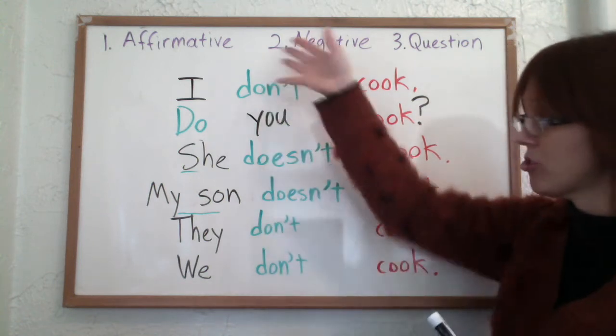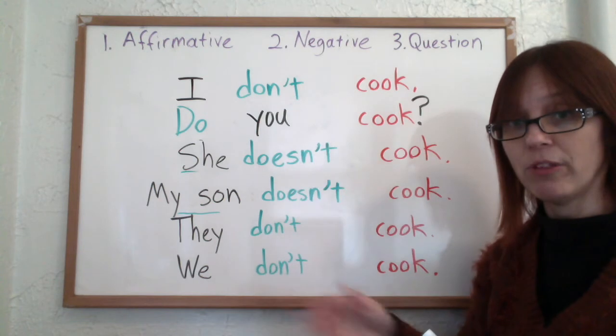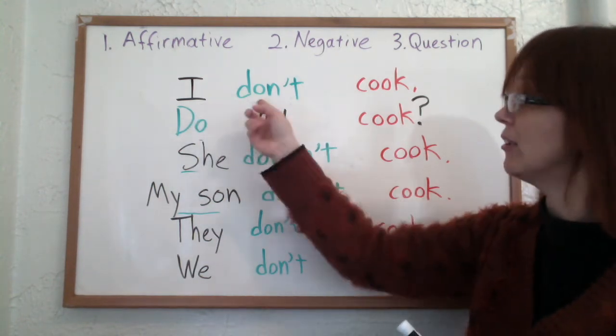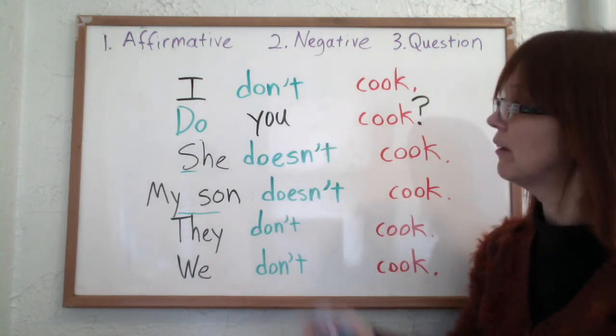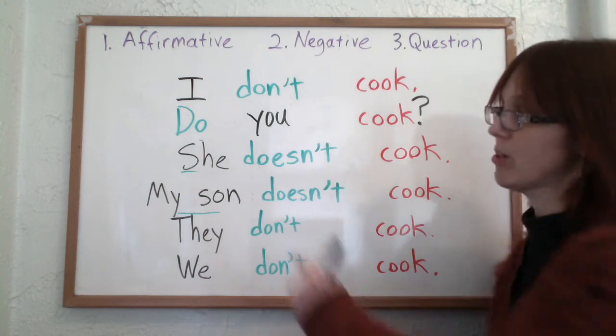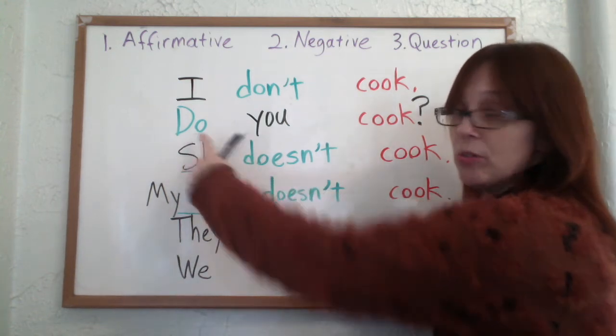So I can make questions with all of these. For example, this one, I don't cook. How do I make this a question? So I start with do.